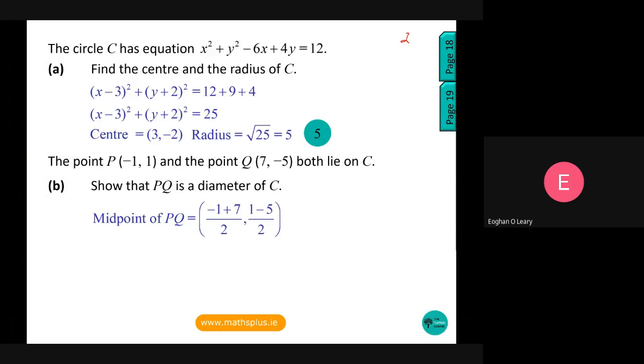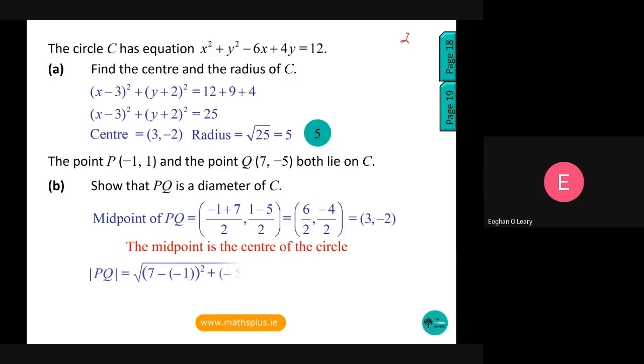One way is to get the midpoint of PQ using your midpoint formula, which you can find on pages 18 and 19, your coordinate geometry formulae, and you get the midpoint of PQ, which is (3, minus 2). Naturally, we can see that the midpoint of the line segment PQ is the center of the circle. Therefore, PQ must be a diameter.